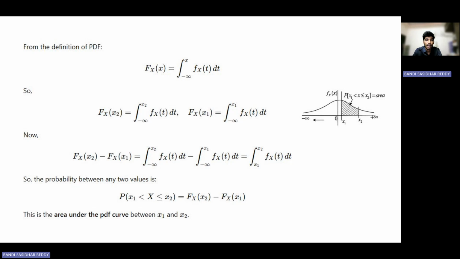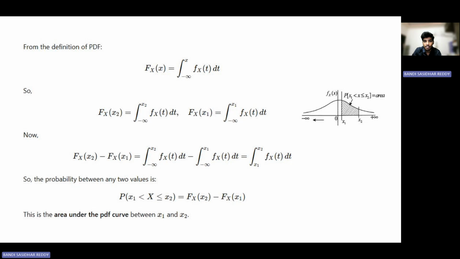Here is the proof. As we said, the probability distribution function is defined as F_X(x) equals the integral from minus infinity to x of f_X(t) dt, which can also be written as P(X ≤ x). Then, as we discussed, F_X(x2) is P(X ≤ x2), so we write the integral from minus infinity to x2 of f_X(t) dt.